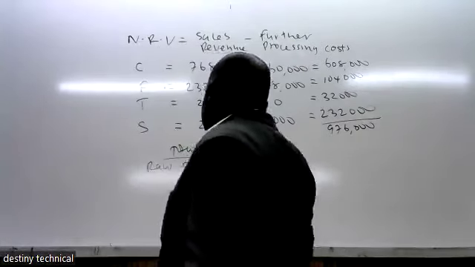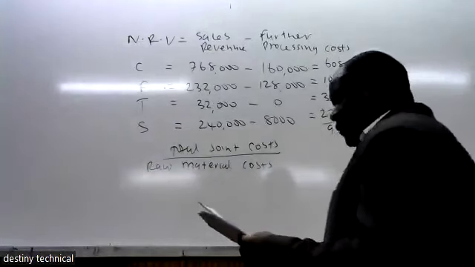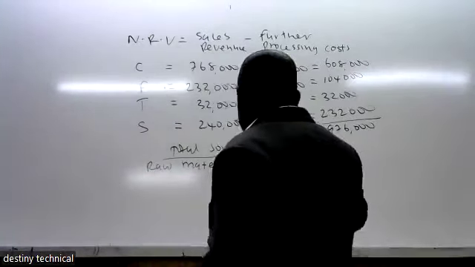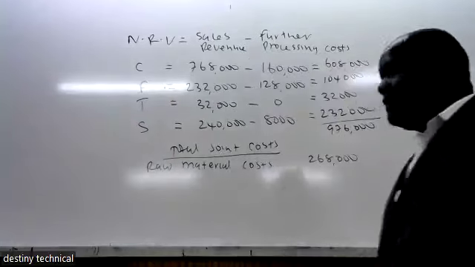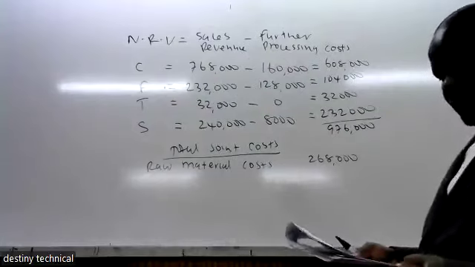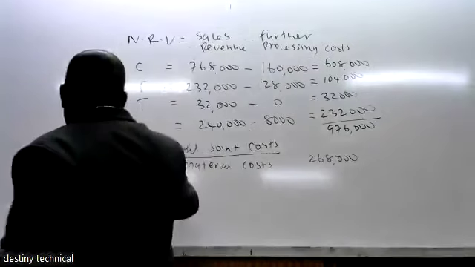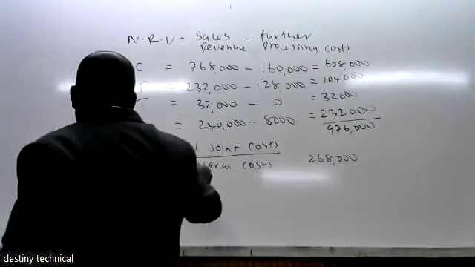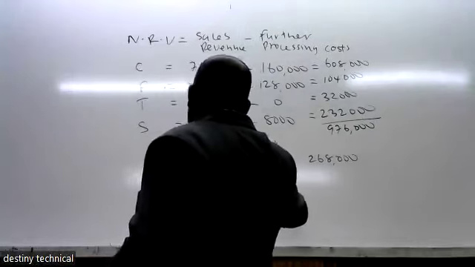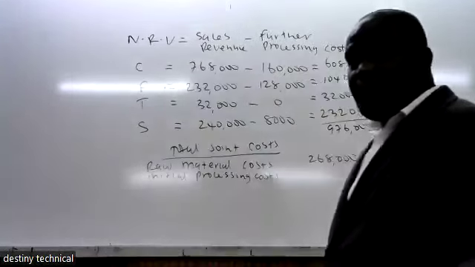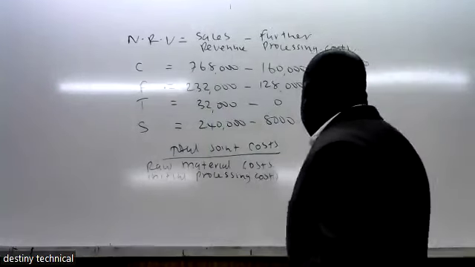For the raw material costs, there is 268,000. There is also the initial processing cost, which is 264.